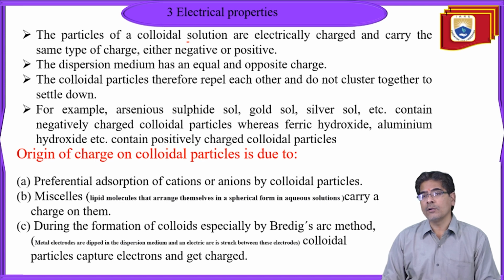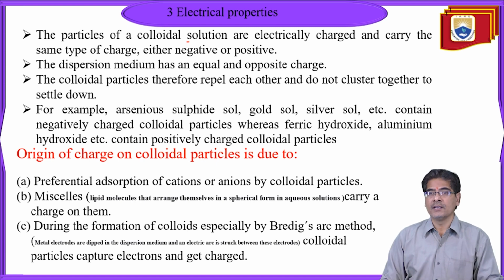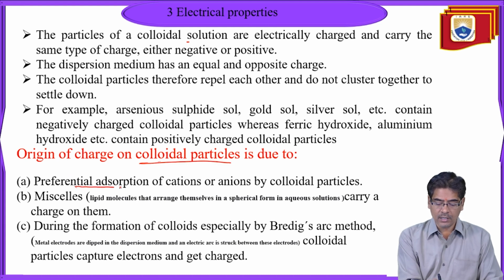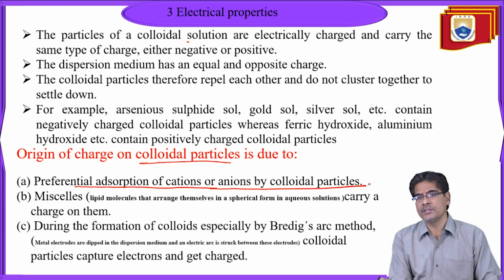So what is the basic origin of a charge on colloidal particles? The origin of a charge on colloidal particles is due to preferential adsorption of cations or anions by colloidal particles.